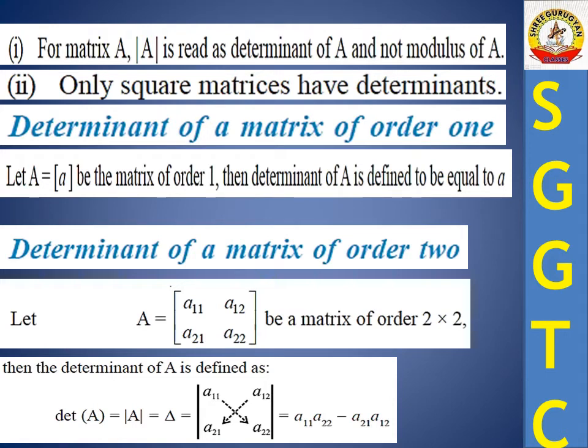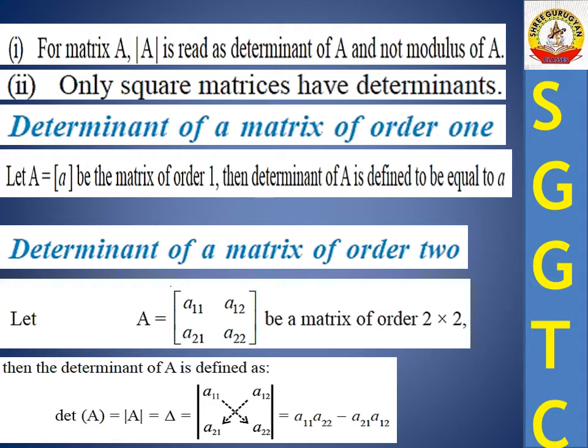Determinant A is also written in short form as DET A, or with two parallel lines around A. As I explained first, it is not a modulus, students, it is only a determinant, also called delta.